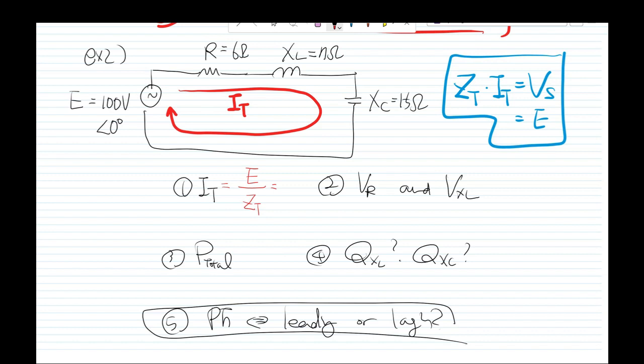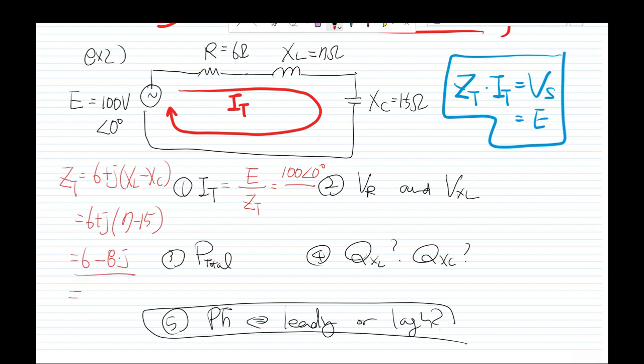Back to the circuit, R is 6 ohm, and j(X sub L minus X sub C). So 6 plus j(7 minus 15), which is 6 minus 8j.